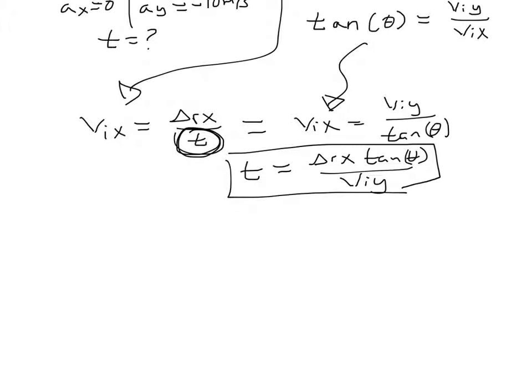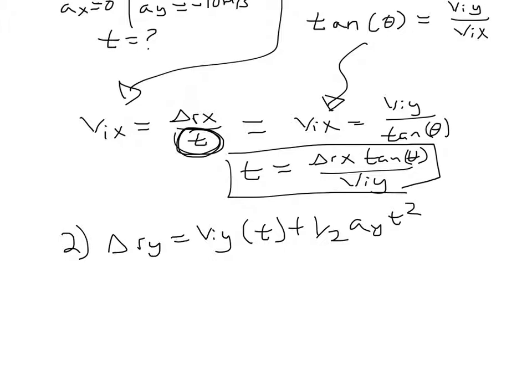At this point, we'll go back to equation 2, and I'll write that again as a reminder. So the change in height in the y direction is equal to the initial velocity in y times time plus 1/2 the acceleration in y times t squared. At this point, we have two equations, so equation star and equation 2, with essentially one unknown. And we can solve that unknown by plugging in our equation for time, t, wherever t is present in equation number 2. So let's go ahead and do that.